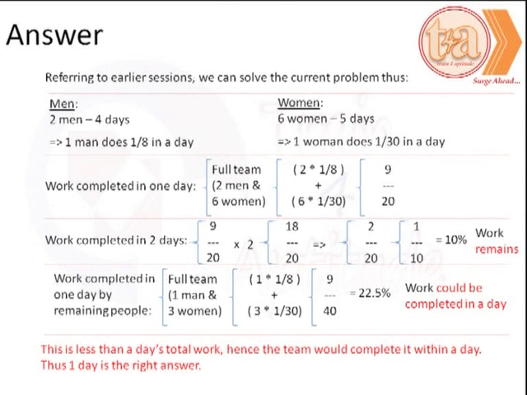Clearly, the capacity of 22.5% of the work being completed in a day is greater than the remaining 10% of the work. This means the team would do the work in less than a day. We can thus round off the answer to the closest complete day, and so the answer is 1 day.